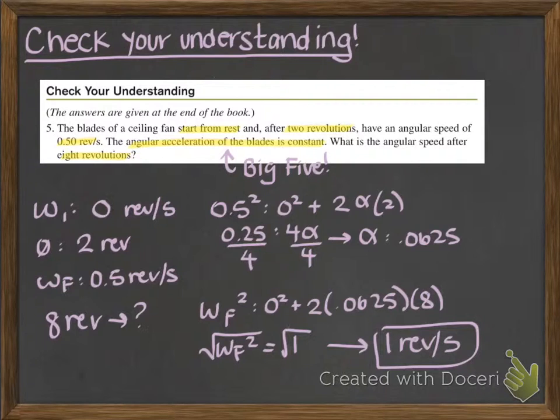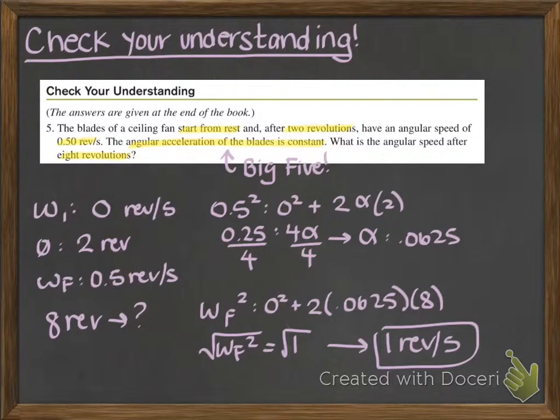So what happens after 8 revolutions? We can plug in the same formula, but this time we're going to be solving for the final angular speed, because you already know regardless of how many revolutions, they started from rest. So you would have W final squared equals 0 squared plus 2, the new angular acceleration, because it's constant, so it can still be used regardless of the revolutions, and this time you're looking for 8 revolutions instead of 2.